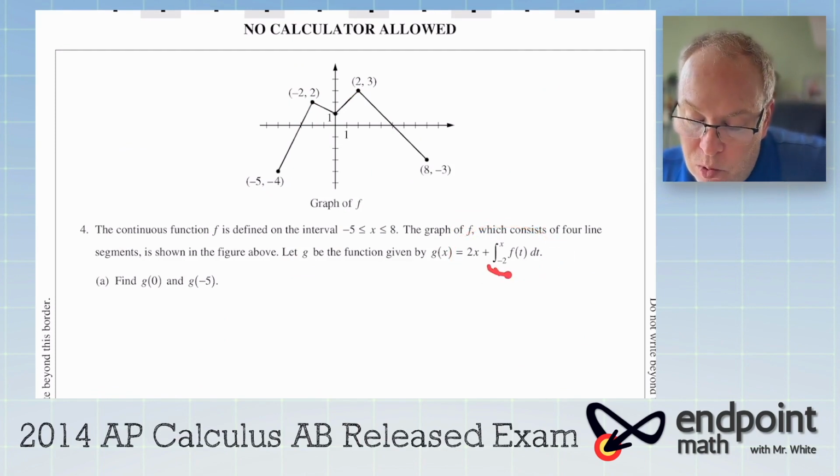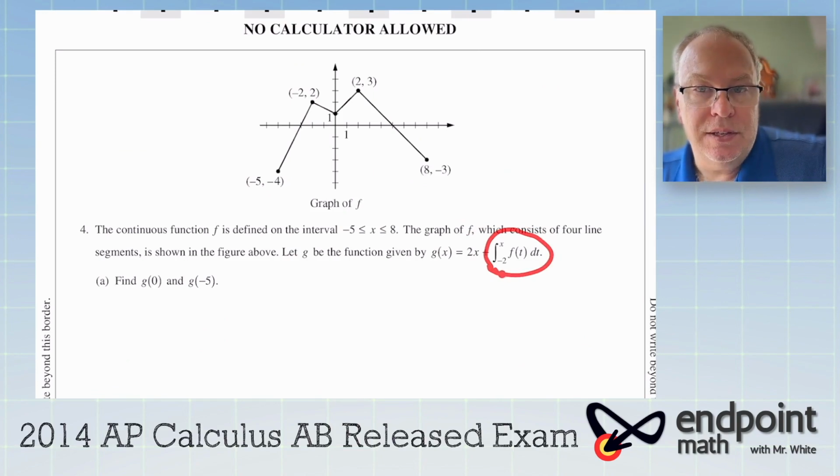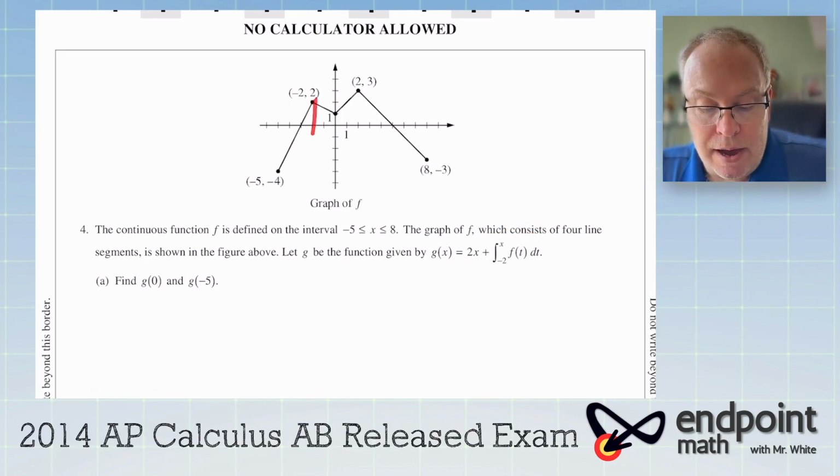So it's got this portion right here. What is this? This is the area under the curve from -2 to wherever. That's what this represents. And if you go backwards, it'll be negative. And I think they actually try to trick us on that here in a moment.